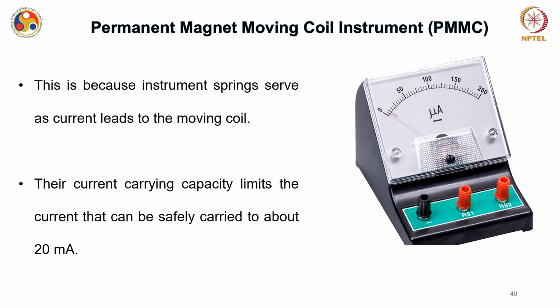So in micro ammeters and low range milliammeters, say up to a range of 20 milliamp, the entire current to be measured is sent through the moving coil. This is because the instrument springs serve as a current lead to the moving coil. Their current carrying capacity limits the current that can be safely carried to about 20 milliamp.